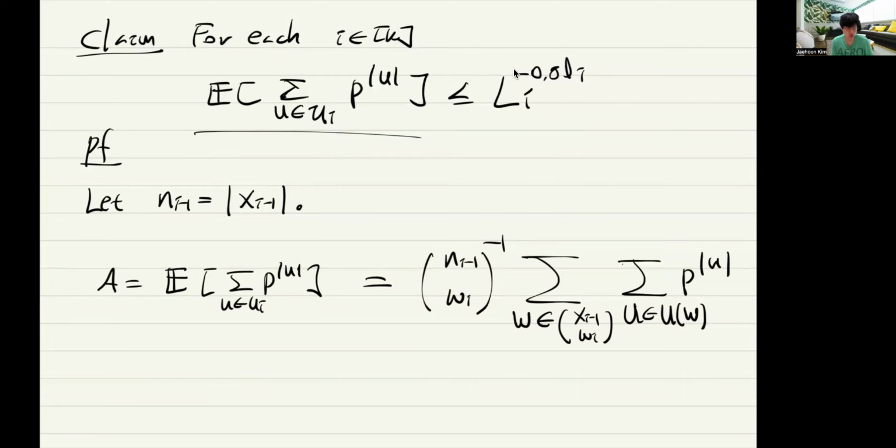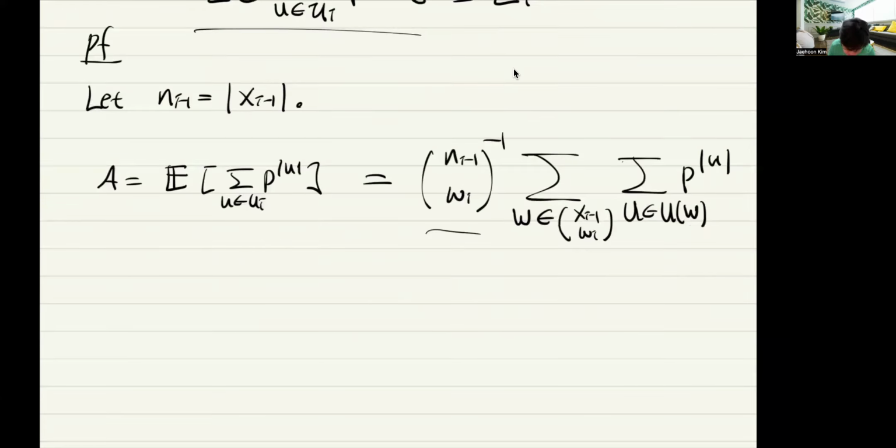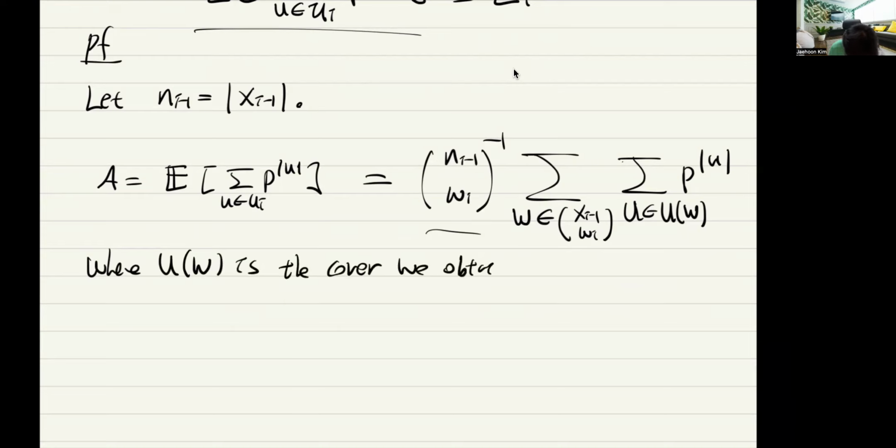And then you add them all together and then divide by this, where this U_W is the cover we obtain if your Wi happens to be exactly this.